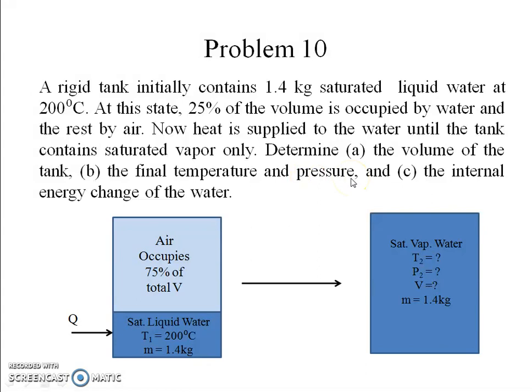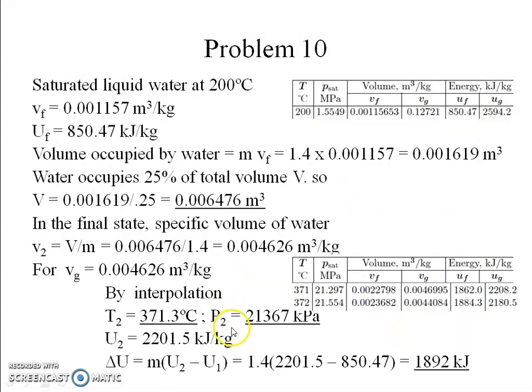Now we are asked for the internal energy change of the water. We have the initial internal energy, and we have to find the internal energy at the final state. Since the final state is only vapor, we read the values of Ug and interpolate between these two to find the internal energy at the final state.